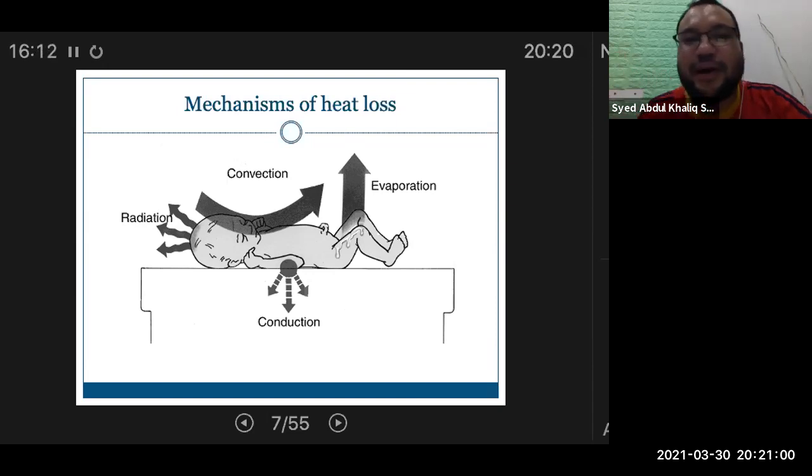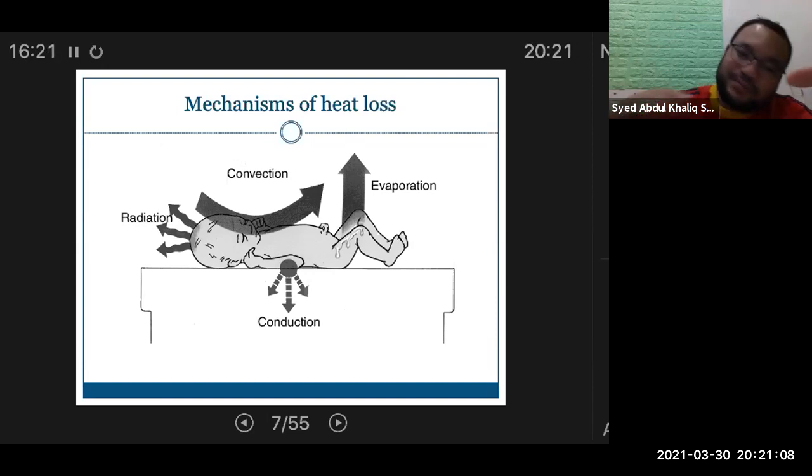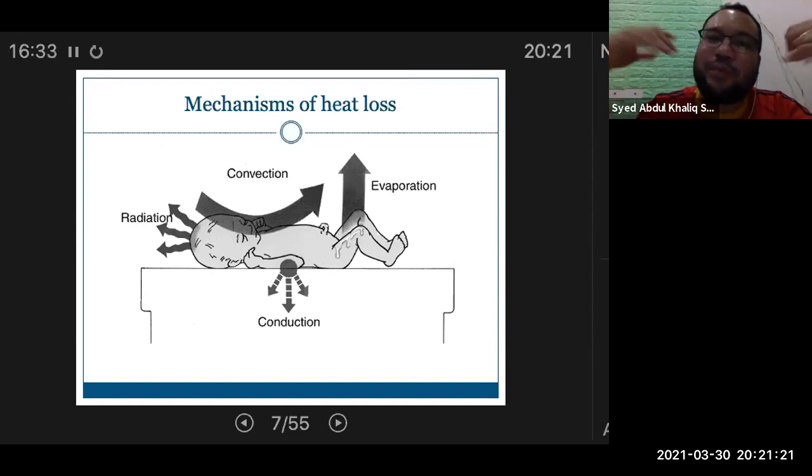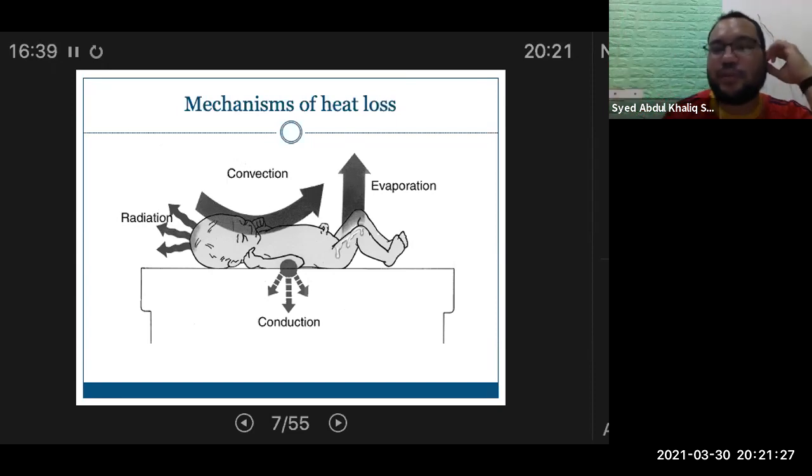This is why in premature babies less than 32 weeks, we don't actually dry the baby. If you dry the baby, there will still be some fluid, and this fluid will evaporate. So in extremely premature babies, we just put the baby inside a plastic wrap to prevent more heat loss.